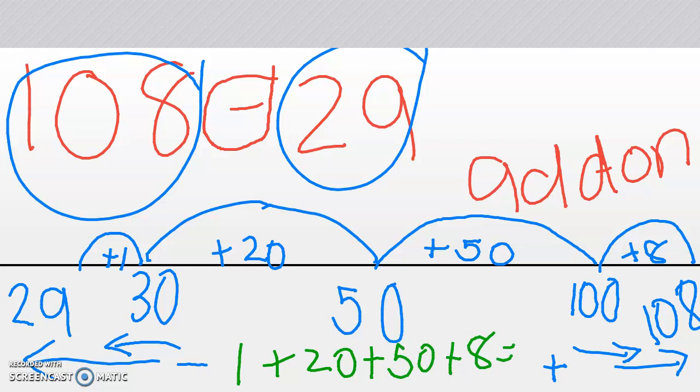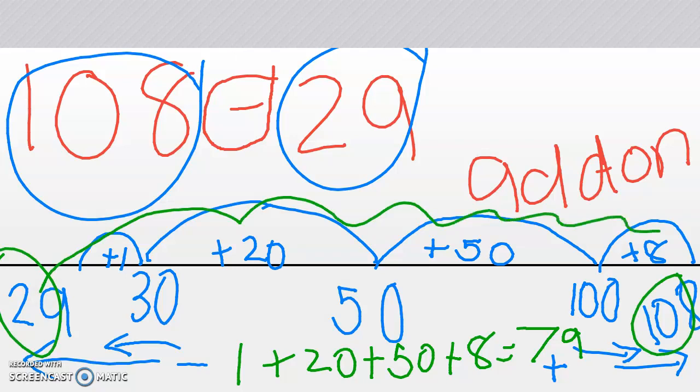And we're going to add all of those numbers together, which will give us 79, which is the difference between 108 and 29. So all of these numbers that we just jumped are the difference of 79 because it's in between 29 and 108.